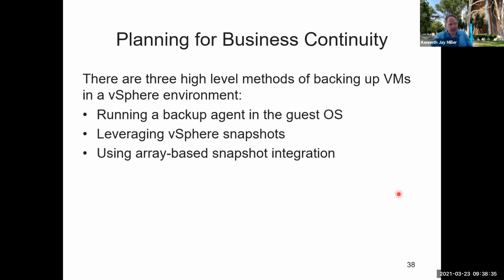So there are 3 high-level methods of backing up VMs in a vSphere environment. The first is the same way we would back up any operating system, and that's with what's known as a backup agent. So with our operating system, so if you're using Windows, right, and you can go into your backup settings, and like here's on my machine.